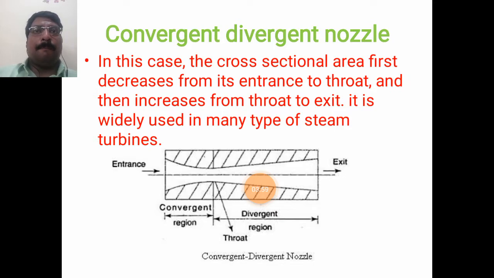From entrance to the throat, the region is called the convergent region. From throat to the exit, the region is called the divergent region. So this is the convergent and divergent nozzle.